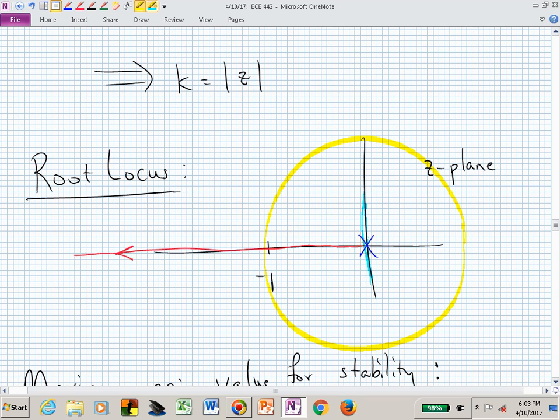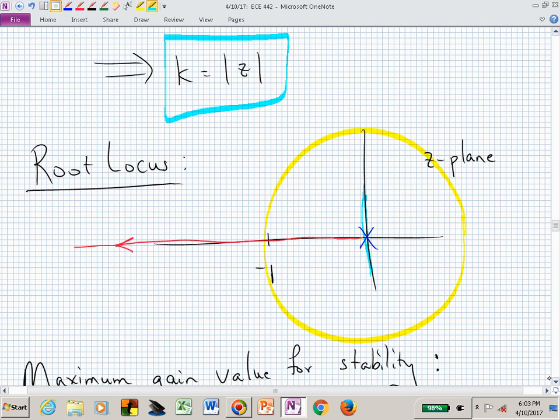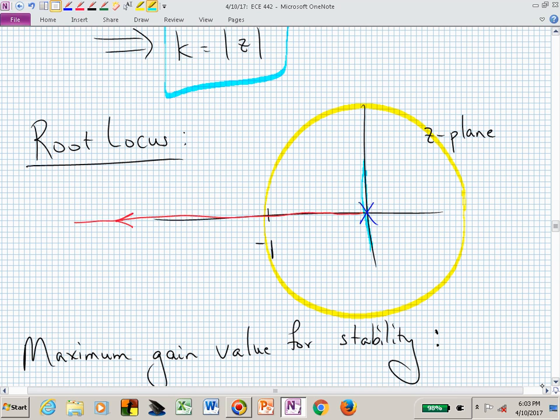And we've just found our formula for k. Do you see how we could now find the maximum gain value for stability for this case? We could evaluate that expression at z equal to -1, and that's going to give us the maximum gain before, if we crank up k beyond that, we'll zip outside the unit circle.